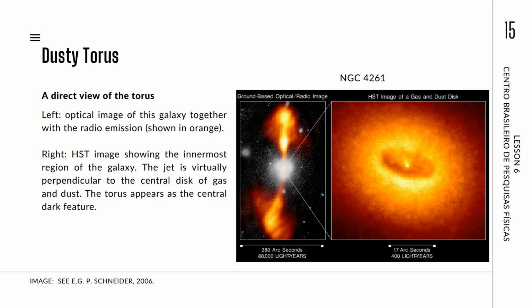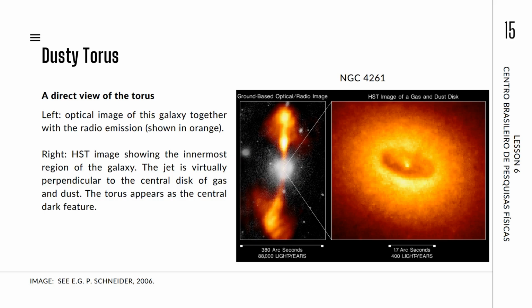And where is the torus in this picture? We are seeing something that looks like a torus, but we see some bright spots, some dark spots, some inner dot. What I just said about the torus, it's made of molecules and dust. Is it colder or hotter than the accretion disk? Colder than the accretion disk.